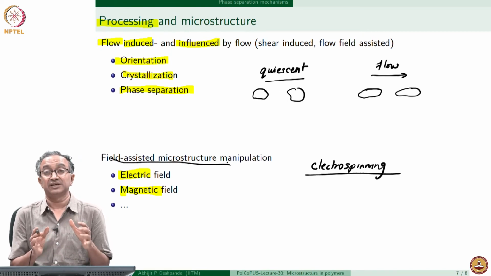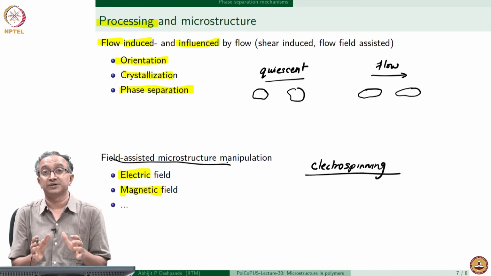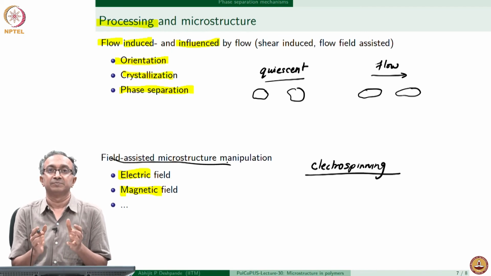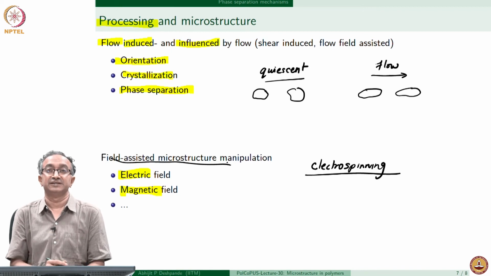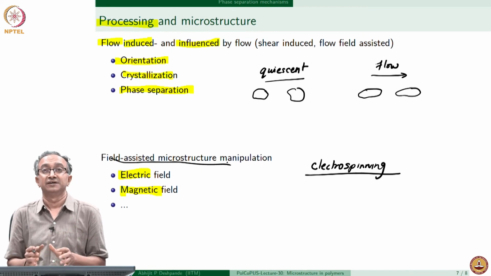So in a nutshell, microstructure is very important because the final polymeric part will perform according to the microstructure that's present. And this is what we mentioned when we talked about processing, structure, property. In polymeric materials, the three are interwoven with each other very intricately.